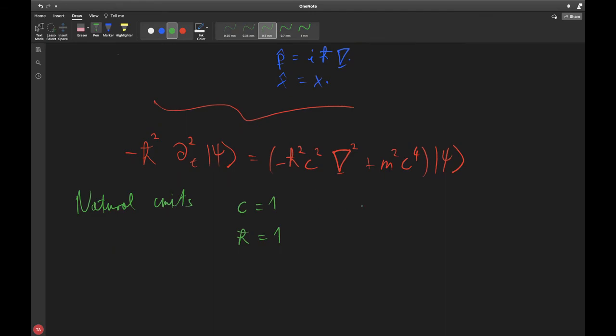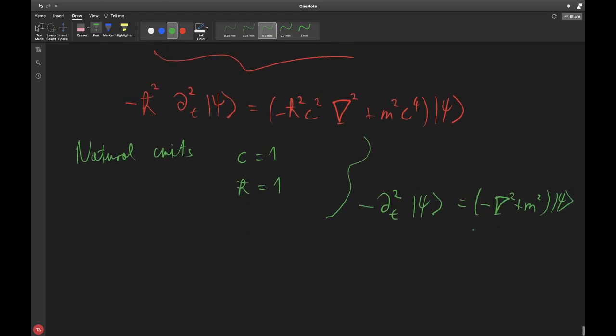So if we use that, then this equation becomes minus the derivative by time twice of the state, which equals minus del nabla squared plus m squared acting on the state psi.